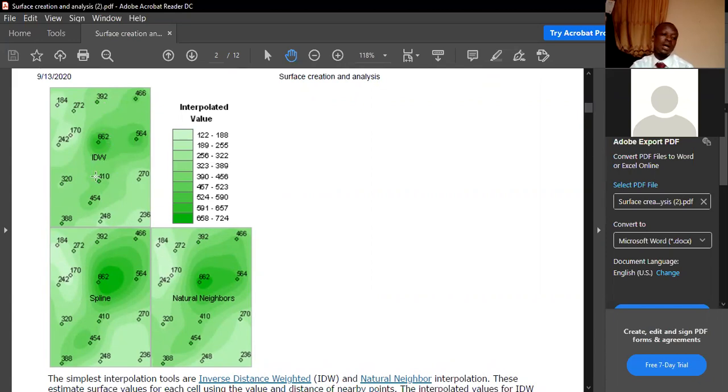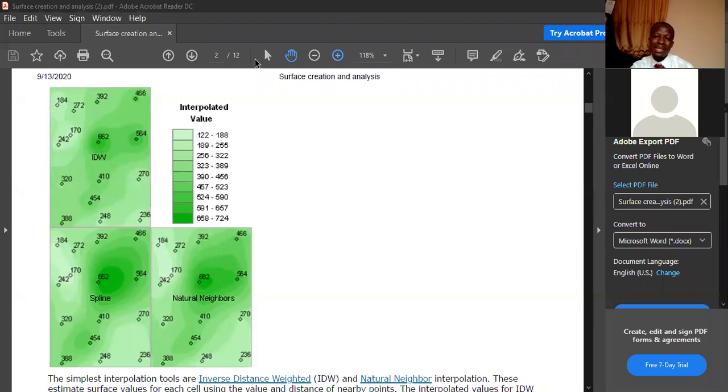Okay. So now we made use of IDW, the inverse distance weighted method for interpolation. Here we made use of what we call a spline. The spline is some kind of curve, in other words a mathematical model. It's like a curve fitting model.